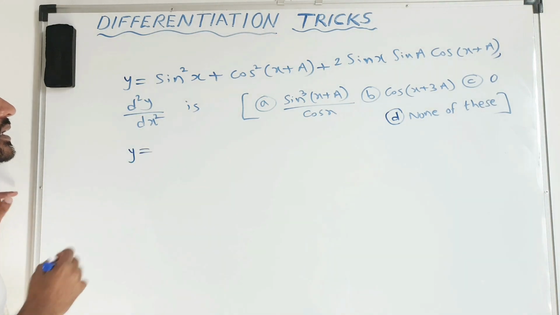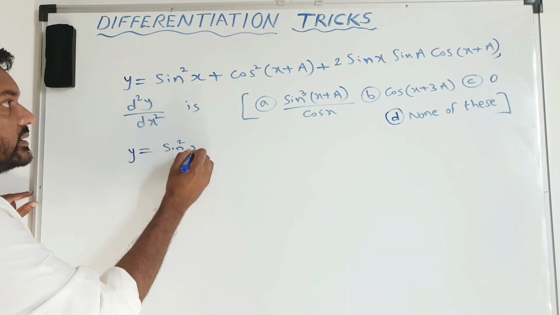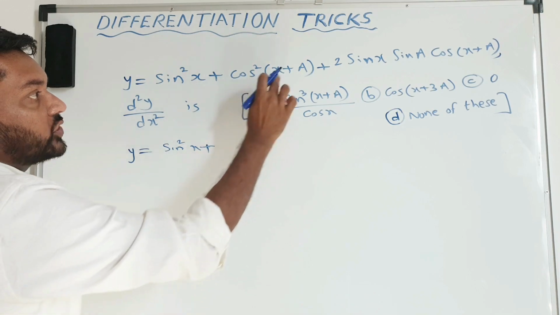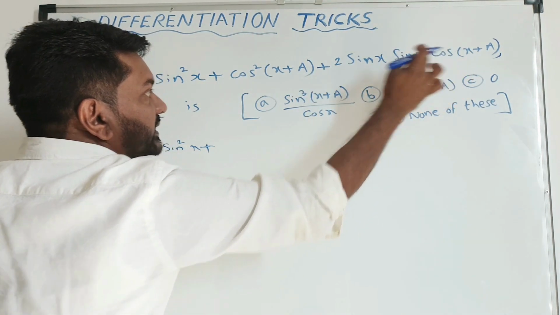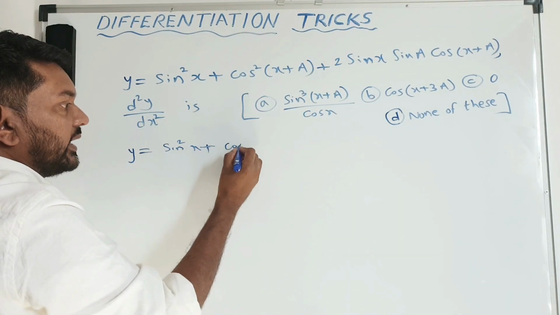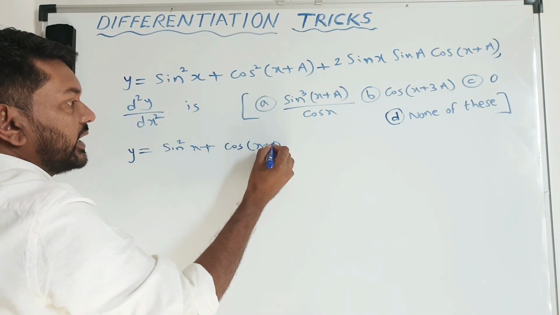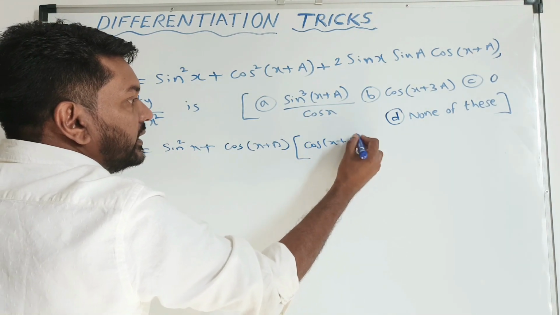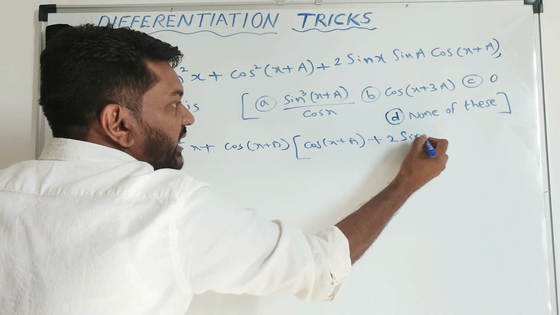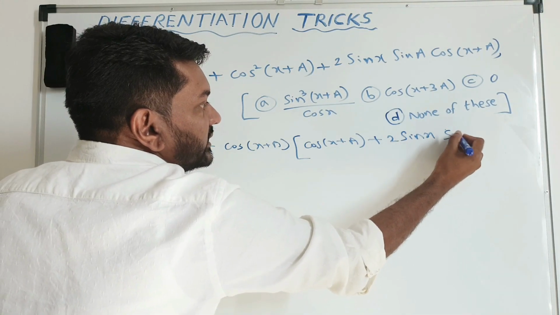y equals sin square x plus cos x plus a into cos x plus a, plus 2 sin x sin a. Cos x plus a is common, so I am taking cos x plus a outside. Remaining is cos x plus a here, plus 2 sin x sin a.